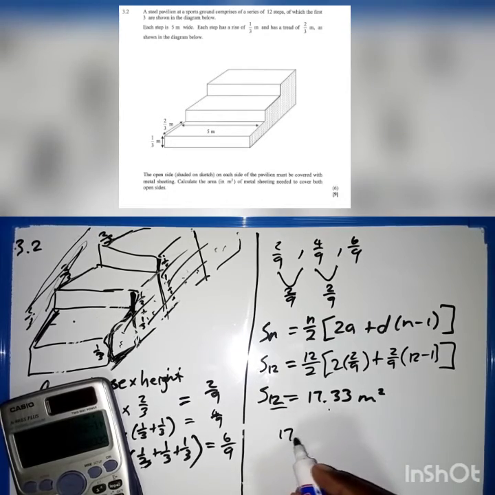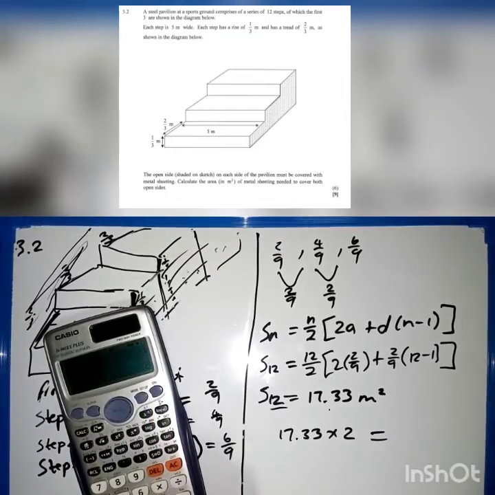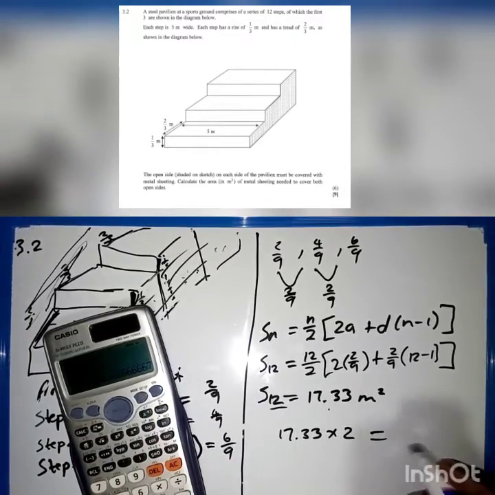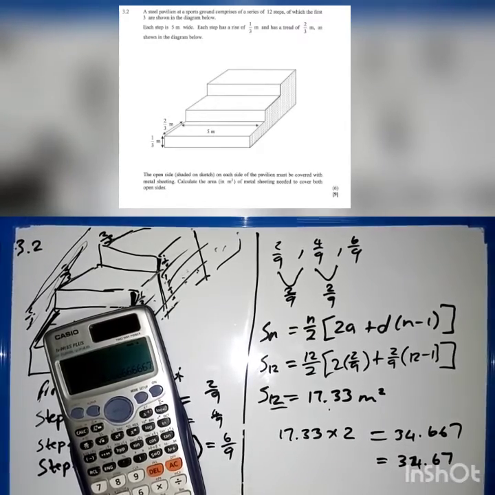So you'll say 17,33 times 2, which will give us 34,66. We round this off, it will be 34,67 meters squared, needed to cover both sides. So for both sides, this is the amount of sheeting, or the area, that needs to be covered. All right.